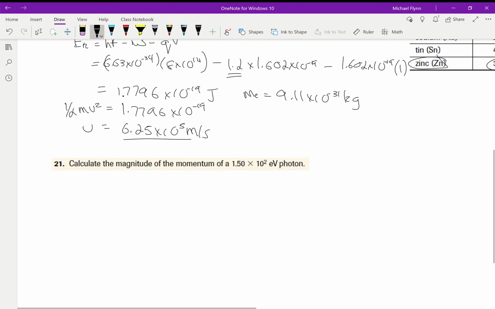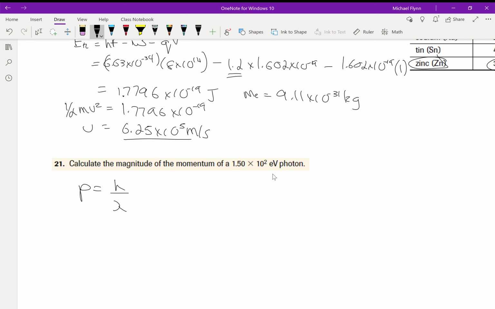Okay. Next question. Calculate the magnitude of momentum of a photon with a certain amount of energy. Okay, so we know that momentum is h over lambda. That was de Broglie's equation, right? So it's h over lambda, but we don't know the wavelength here.